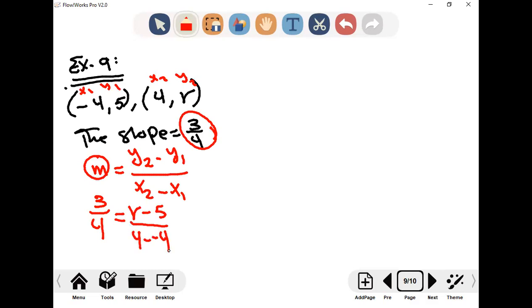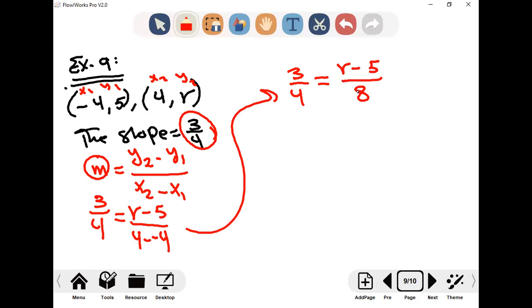I just applied the formula only. Now minus minus plus, so down here we have 8. So now 3 over 4 equals r minus 5 over 8.